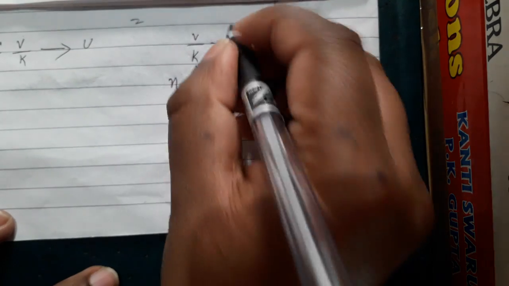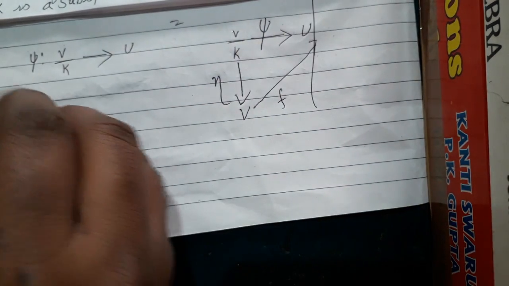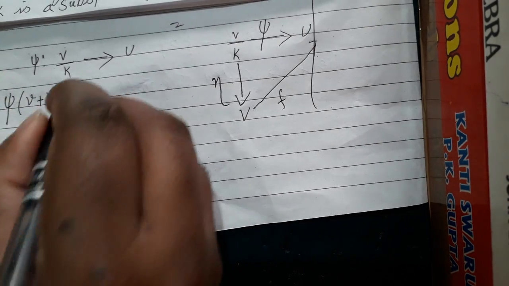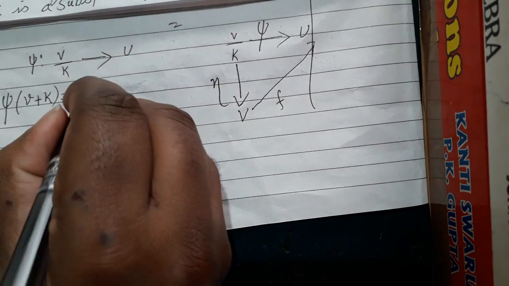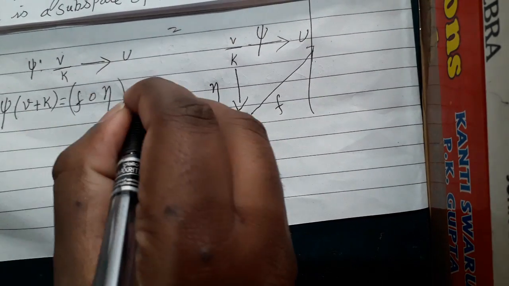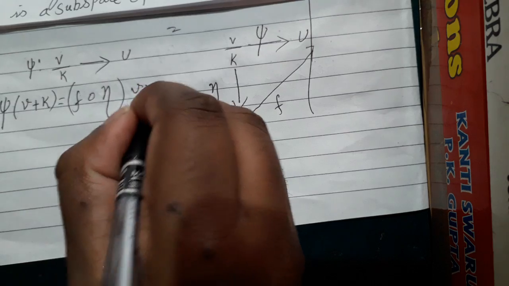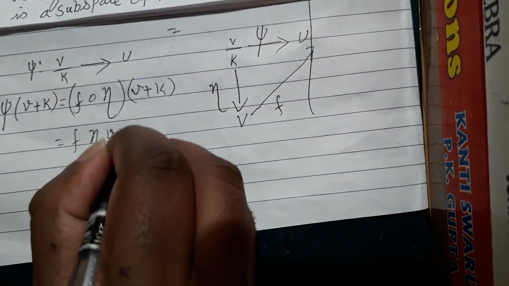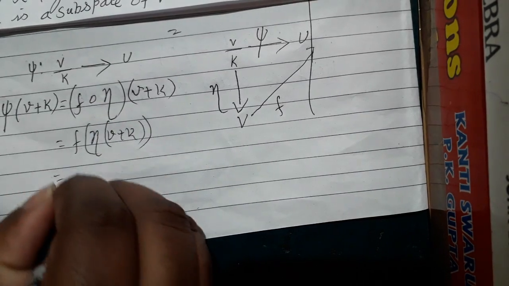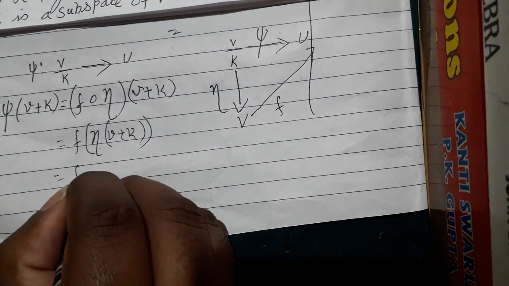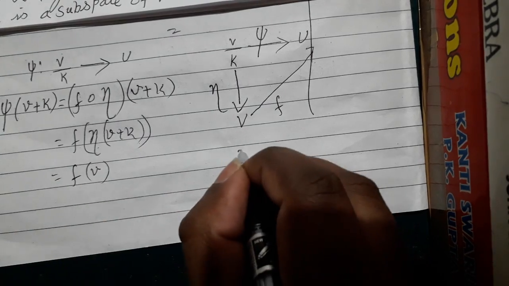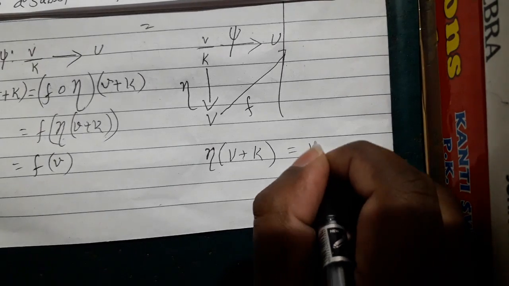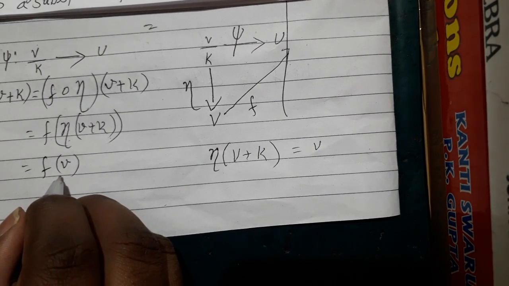This mapping I denote by eta, and this is your psi. So psi applied on v plus K is the same as f composed with eta applied on v plus K. By the definition of eta, v plus K is sent to v, so we get f of v.